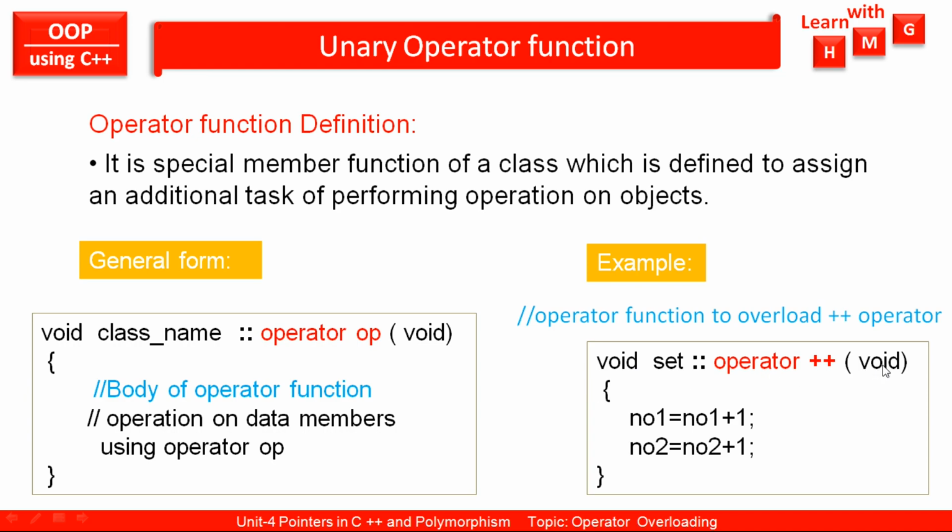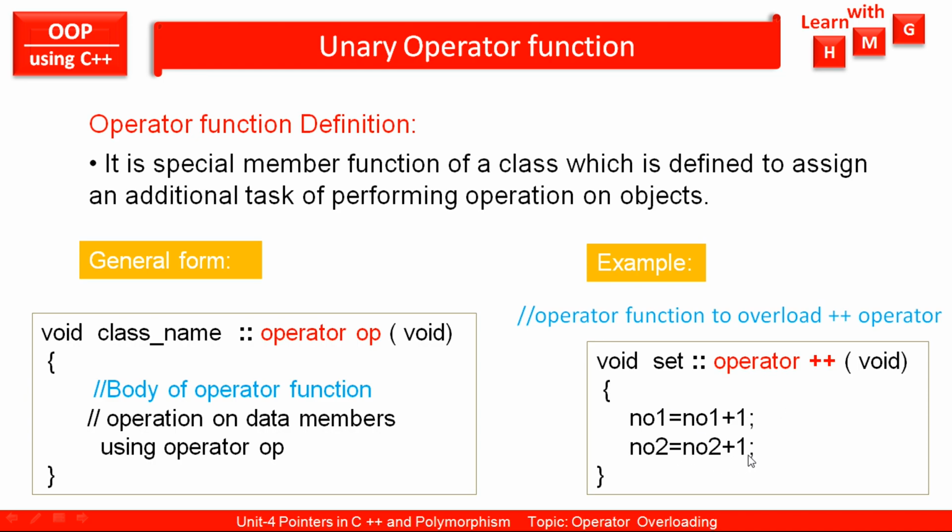Now within this, I am incrementing, that is, adding 1 to the data members. In the set class, consider that there are two data members, no1 and no2, and I am performing operations on no1 and no2, that is, adding 1 to the values. So my statements will be no1 is equal to no1 plus 1 and no2 is equal to no2 plus 1. In this way, the values of the data members of the set class are incremented by 1.